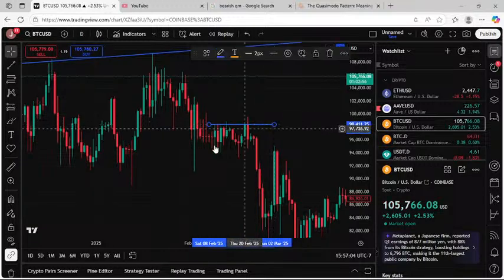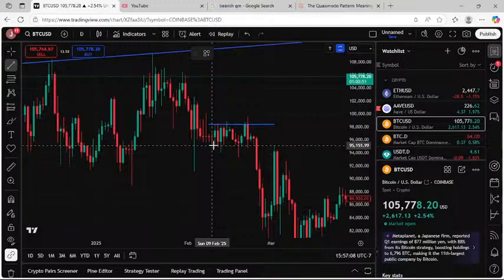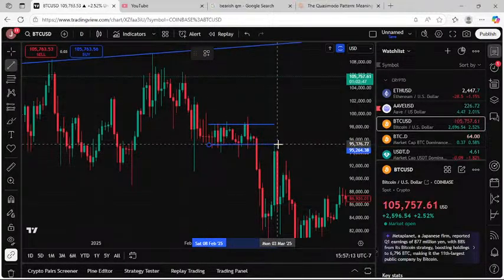Let's just zoom out real quick. Now bear in mind, this isn't always 100% effective, but it'll give you a really good idea when you should long and short.